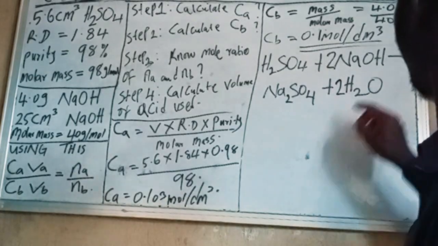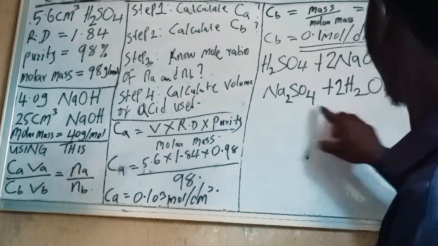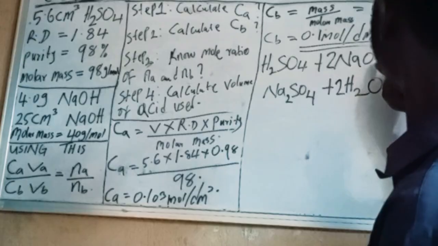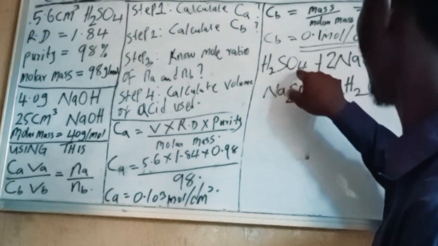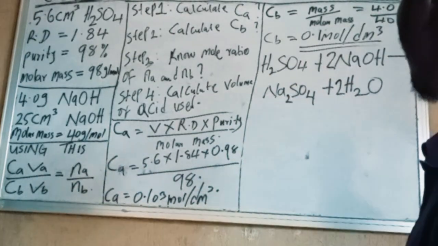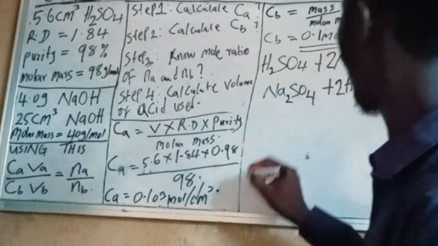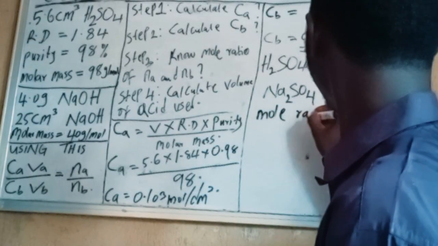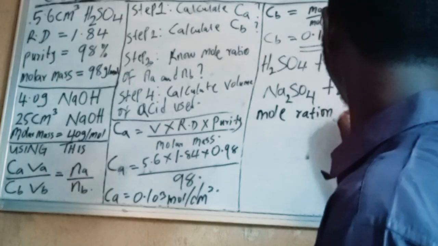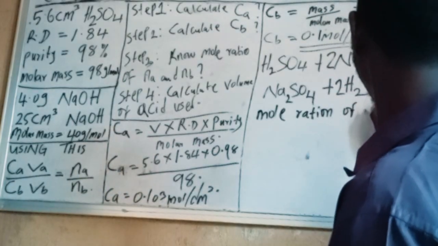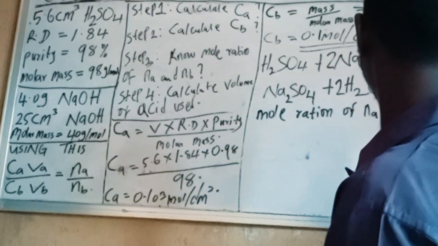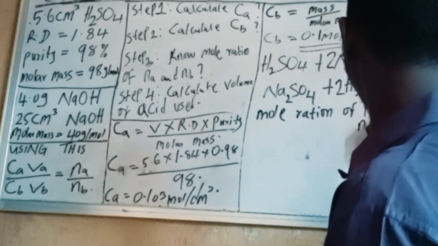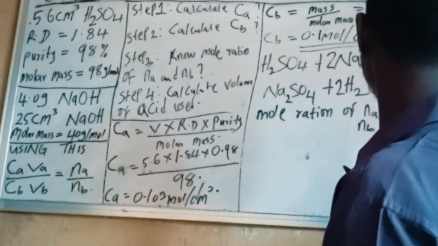Oxygen becomes 2 plus 4, making 6, and oxygen here is 2 plus 4, which is 6. So this equation is balanced. The mole ratio of NA is equal to 1 and NB is equal to 2.